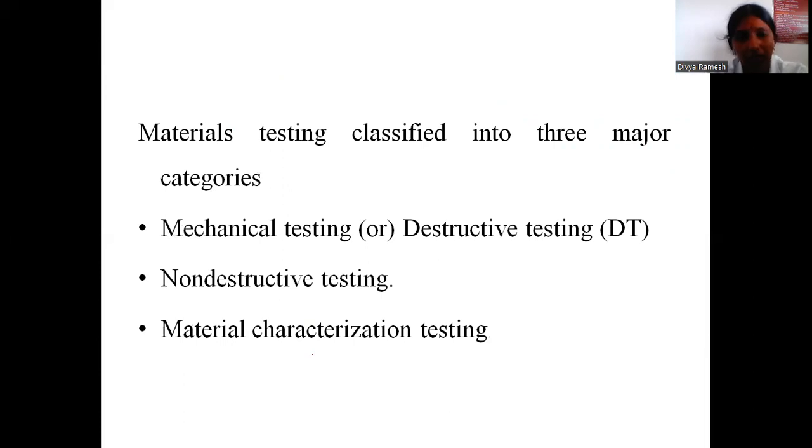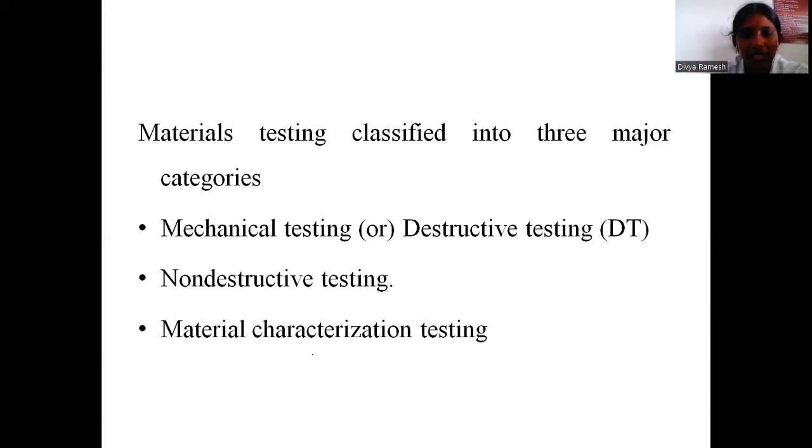In upcoming chapters, we are going to see destructive testing as an individual chapter, then non-destructive testing and material characterization testing. First of all, I would like to explain the definitions. First one is destructive testing.